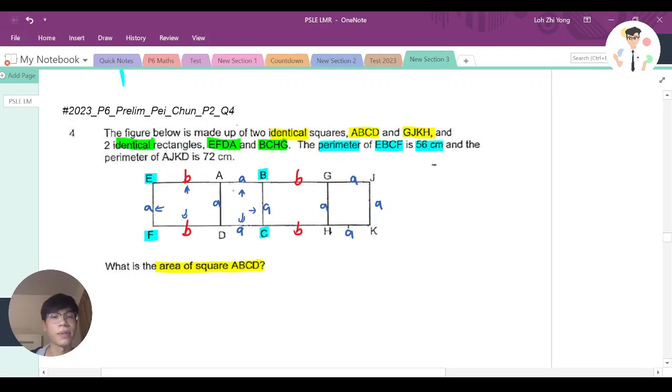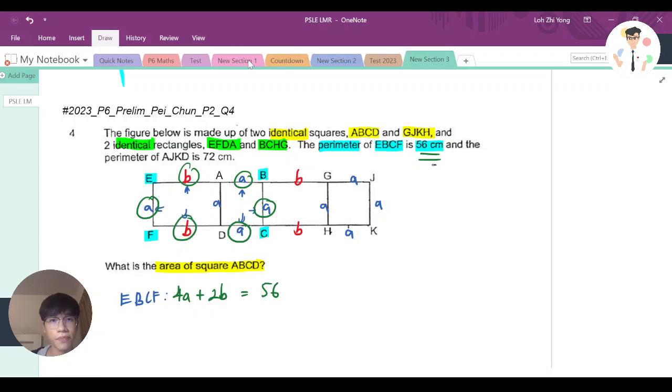Okay, so let me just add together. EBCH has how many A? 1, 2, 3, 4. So 4A. How many B? 1, 2. 2B. And that's equal to 56 cm, according to here.